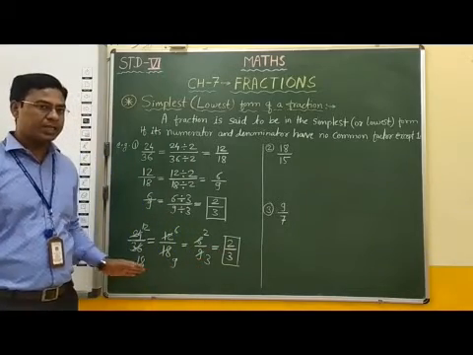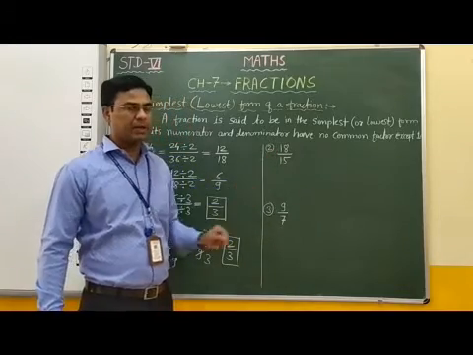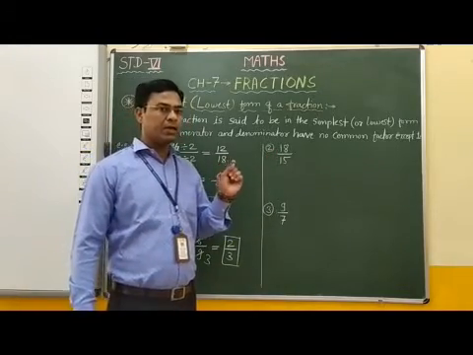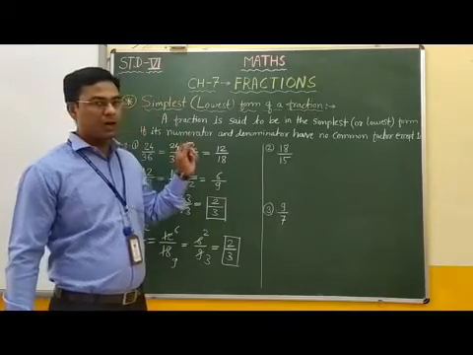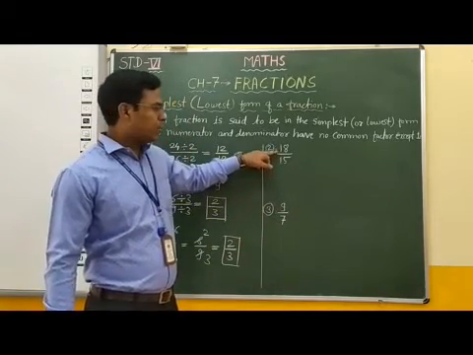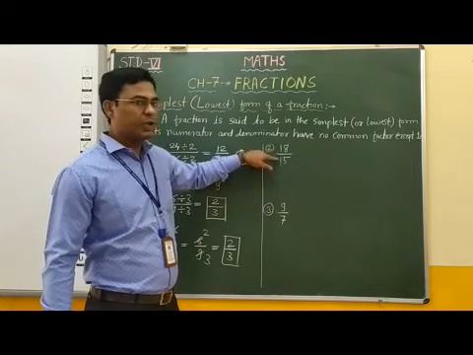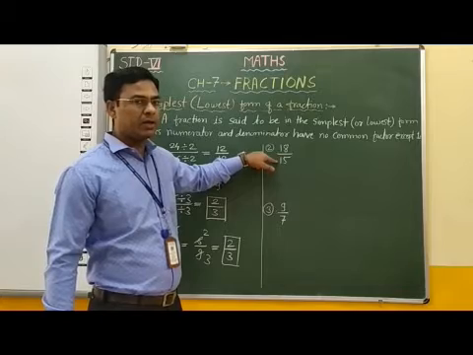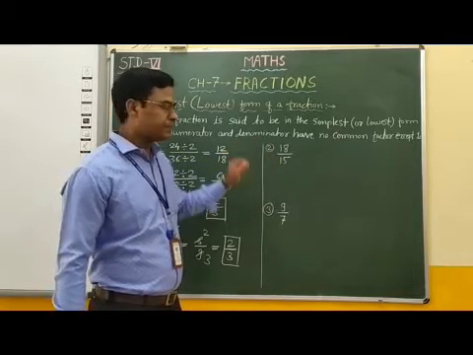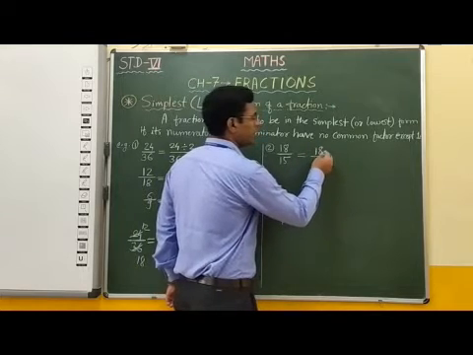We can apply this method also. The next fraction is 18 by 15, and we have to write this fraction in the simplest form or lowest form. Students, if you observe the numerator and denominator of this fraction, both are divisible by 3. Therefore, here we can write 18 by 15 divided by 3.